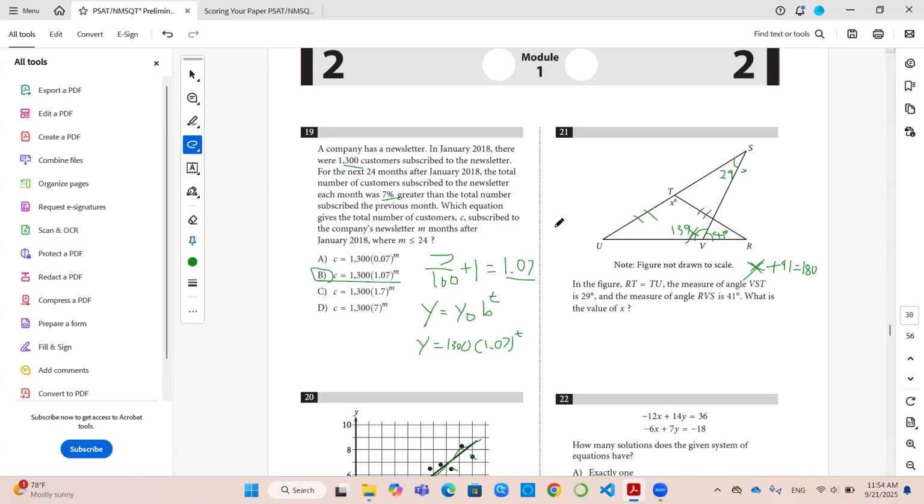However, I need to figure out this angle, which can be done easily because I know the angles of U, V, and S. So I'm going to add 139 plus 29 plus U, which is equal to 180. Now I want to find the angle of U. So U is equal to 12.